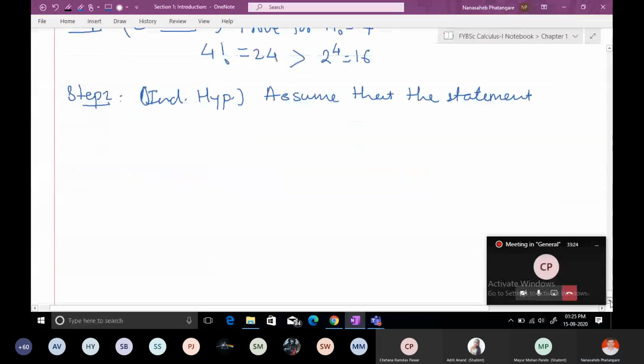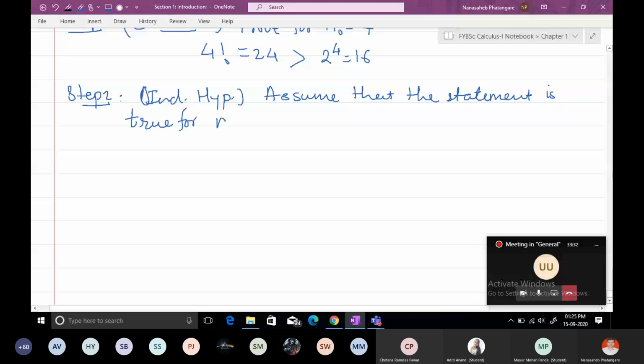So, okay, assume that the statement is true for n is equal to k. And what is k now? k is greater than or equal to 4. We are not saying now k greater than or equal to 1.